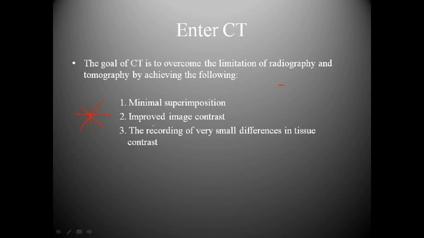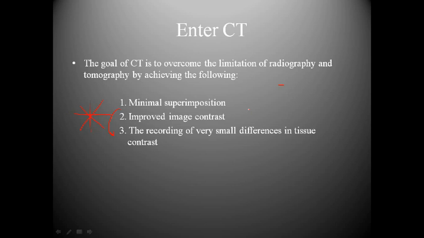Improved image contrast. Basically, two and three go together. Because of improved image contrast, we have the ability to record very small differences in tissue contrast. While we established that in conventional radiography you might not be able to see a tumor, that's not the case for computed tomography. CT will allow you to see every little density difference.